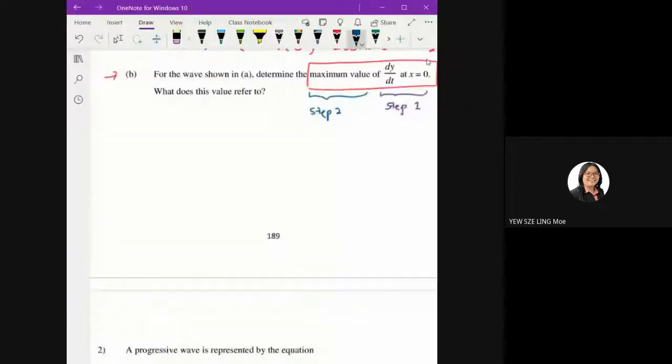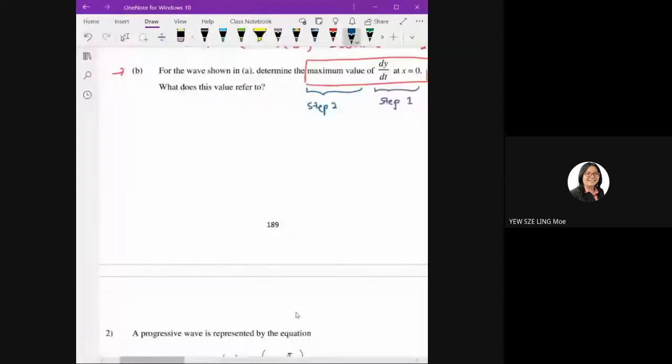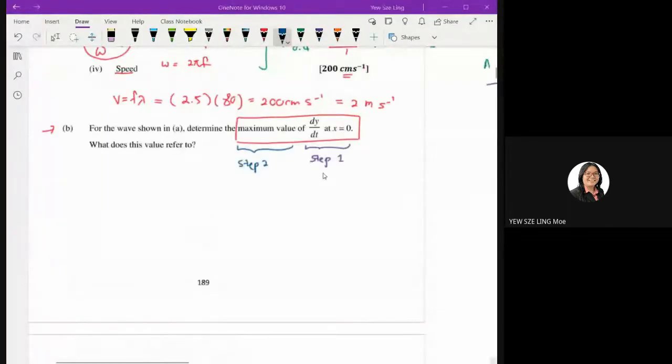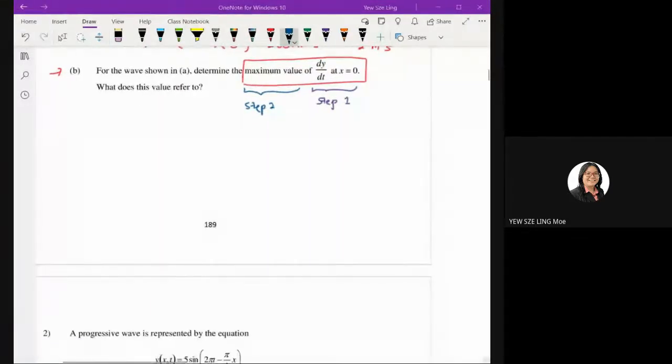Kita ada step pertama. Okay, so we have step number 1 and also step number 2 here. So what are we going to do right now? We need to differentiate the equation. So let's go back to step number 1.